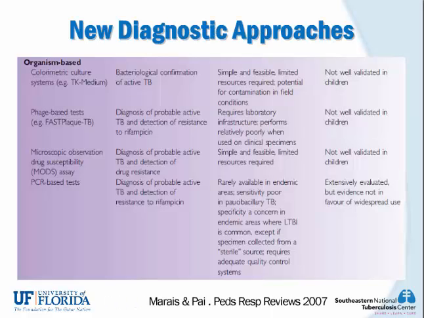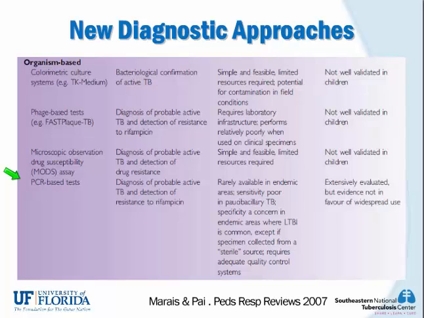There are new diagnostic approaches, again, to detect microorganisms. Examples are colorimetric cultures, specific cultures like TK medium, phage-based tests, and the microscopic observation drug susceptibility, or MODS, assay. The objective of all of them is to diagnose active cases of TB. The disadvantage is that none of these three tests have been well validated or established in children. PCR assays have been used to diagnose active cases of TB and resistance to rifampin.